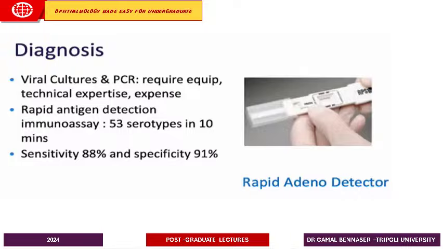This contains the antigen for the virus and can, by immunoassay, detect about 53 serotypes in just 10 minutes. It has very high sensitivity reaching up to 88% and specificity of 91%. But as I said, usually the diagnosis is clinical and we need not go to laboratory diagnosis unless in special situations in which there is no improvement or in association with immunosuppression.